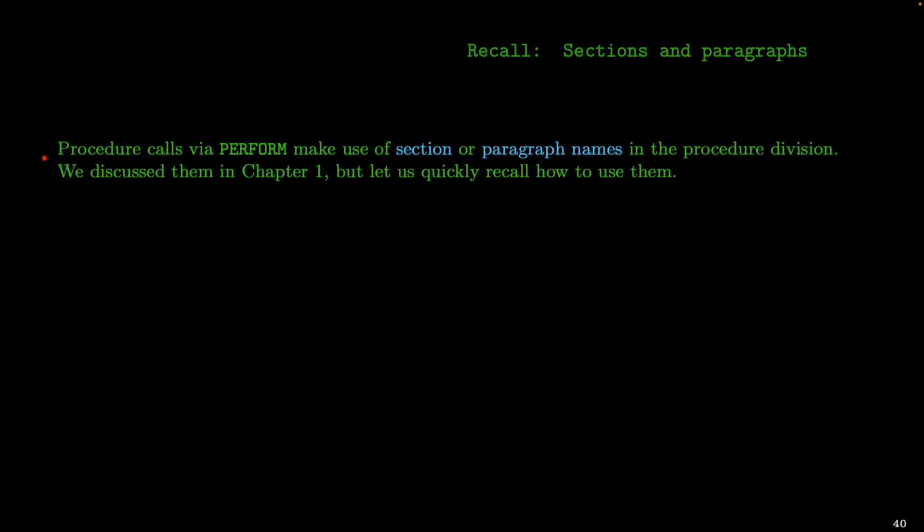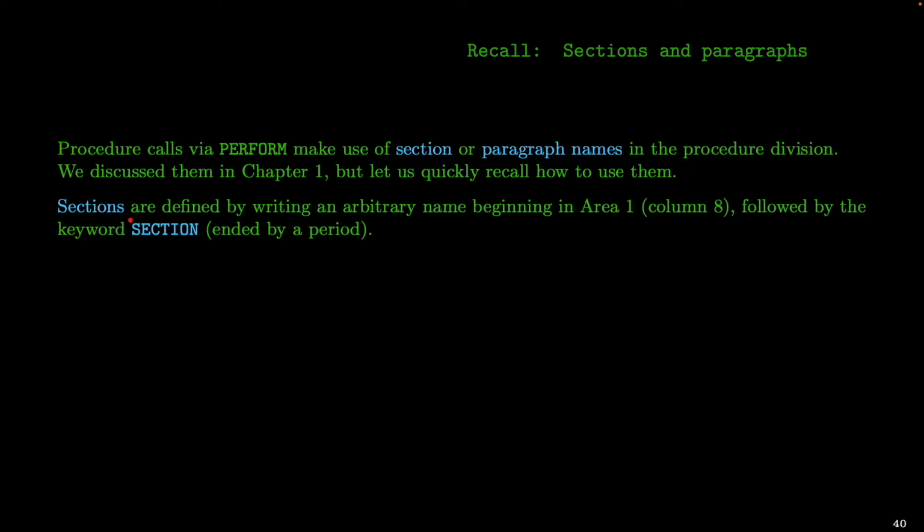Before we look at these in more detail, let me quickly recall sections and paragraphs in COBOL. So procedure calls via perform use the section and paragraph names in the procedure division. We already discussed those in chapter 1, but I quickly want to recall how to use them here.